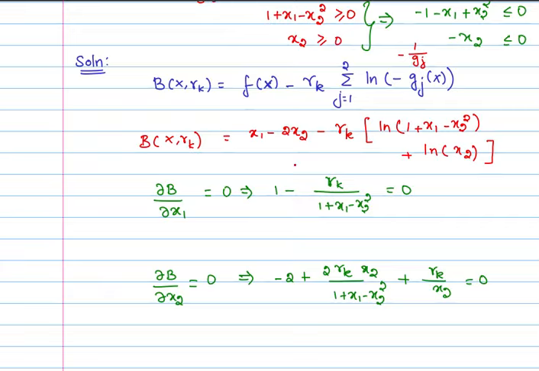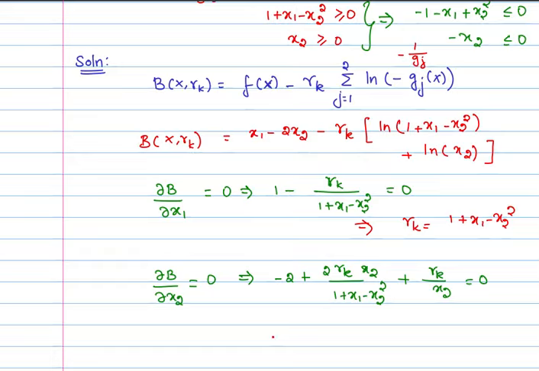Now please look at this one: it implies rk equal to 1 plus x1 minus x2 the whole square, correct? So this comes to this side: rk equal to 1 plus x1 minus x2 square. So rk divided by 1 plus x1 minus x2 square becomes 1. This we already know.